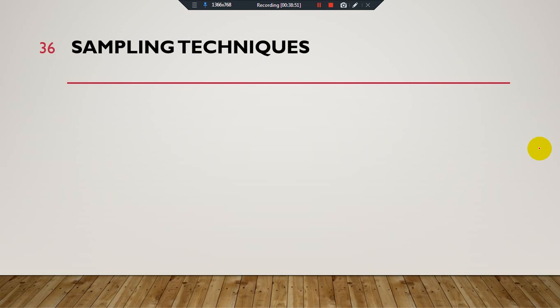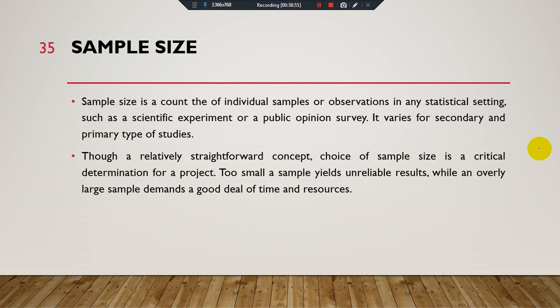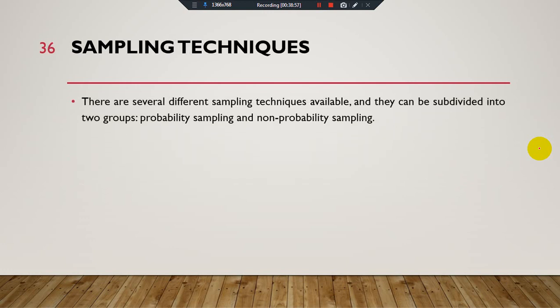Here we have the sampling technique. What sampling technique have we used for getting this sample size? There are different sampling techniques available, and they can be subdivided into two groups, probability sampling and non-probability sampling.